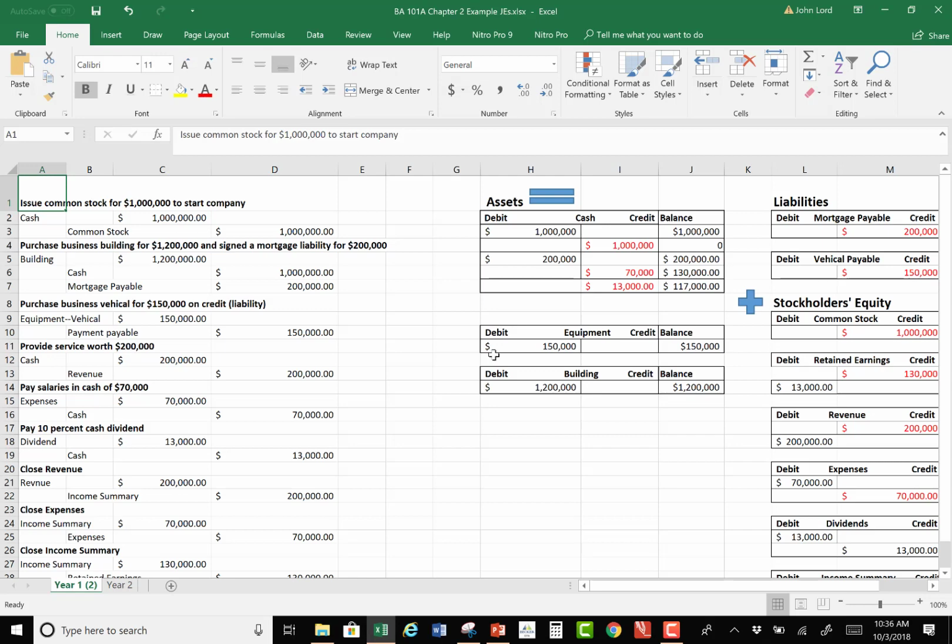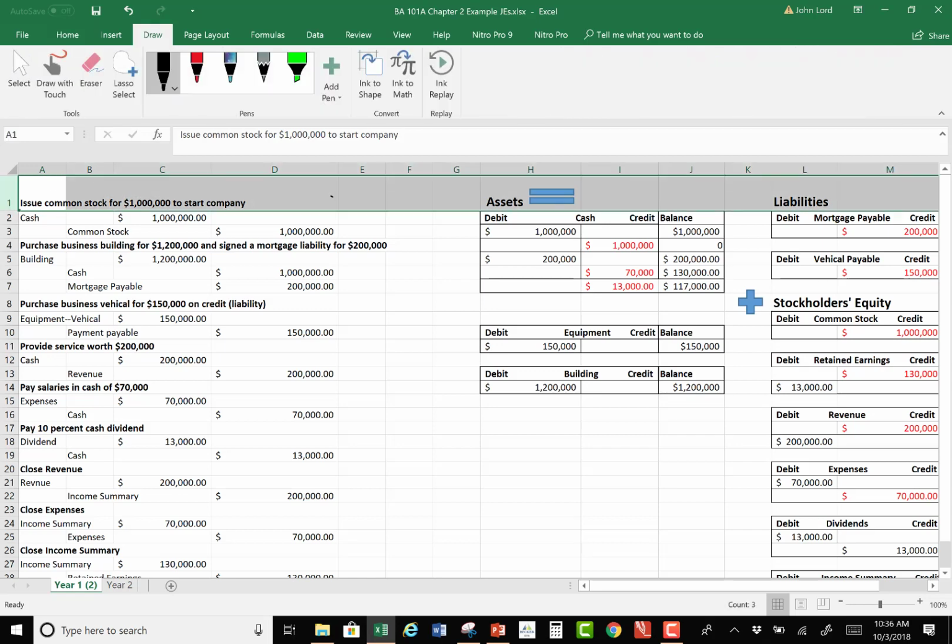So if you look at this transaction right here, issuing common stock, it was the debit to cash, both the word and the number are to the left, and then the credit to common stock is indented to the right of the word cash, and the $1 million is indented to the right of the $1 million debit to cash.